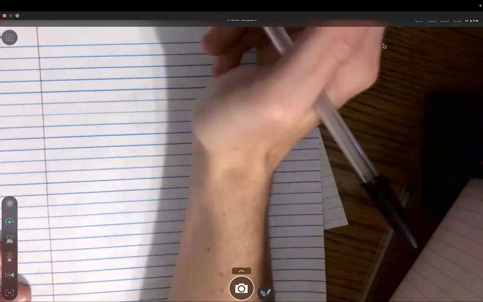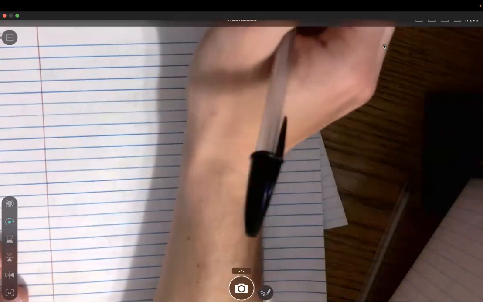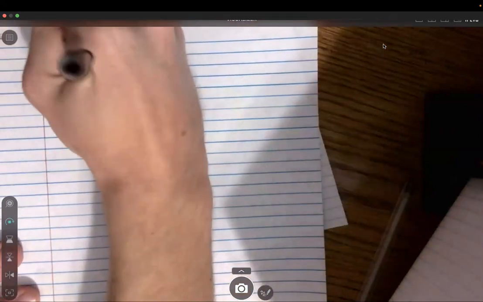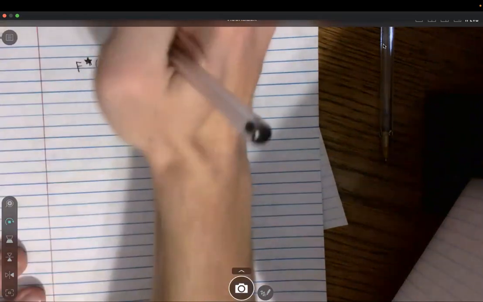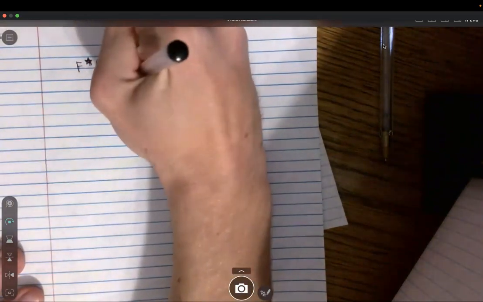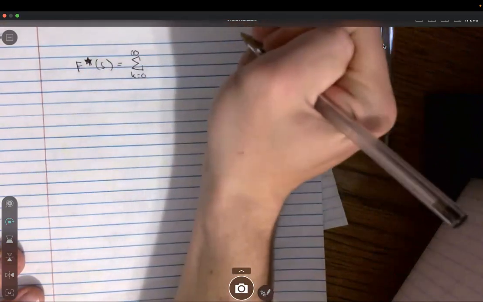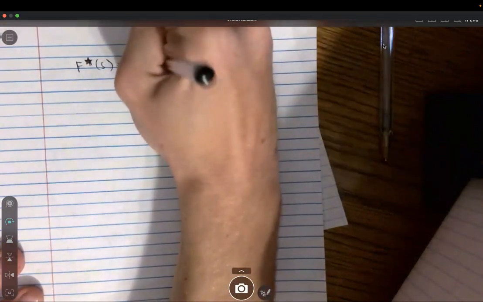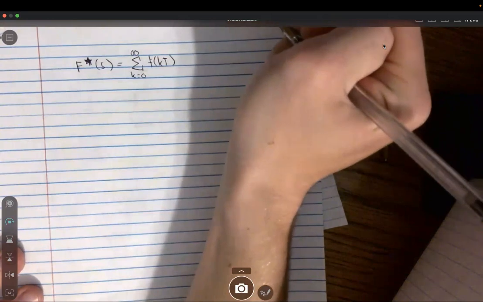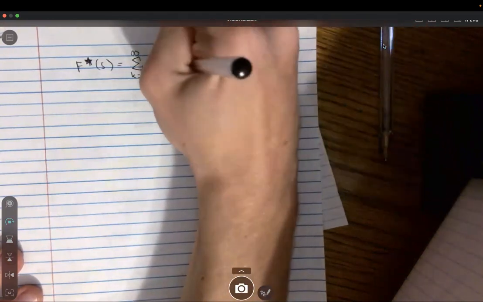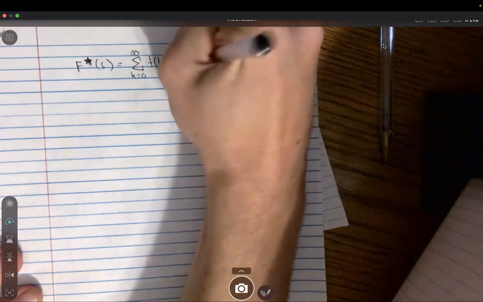And so what we saw specifically is that we were used to writing our f star of s in the following format. So we had our f star of s is equal to the summation from k equals 0 to infinity of f of kt, and then if you guys remember, it was e to the negative kts.